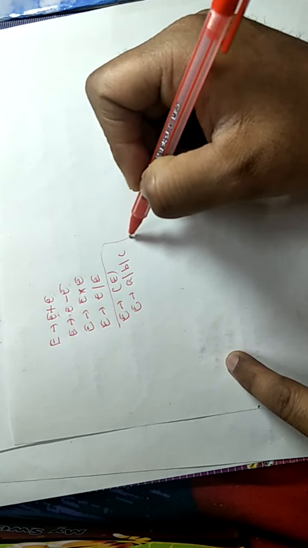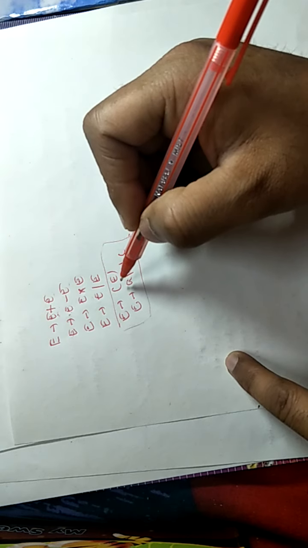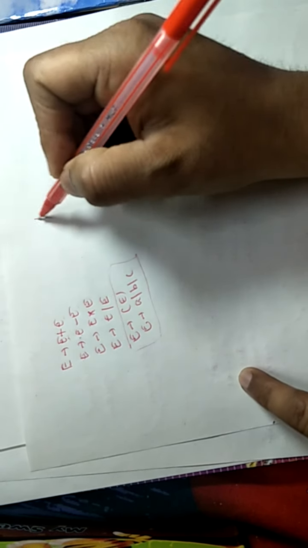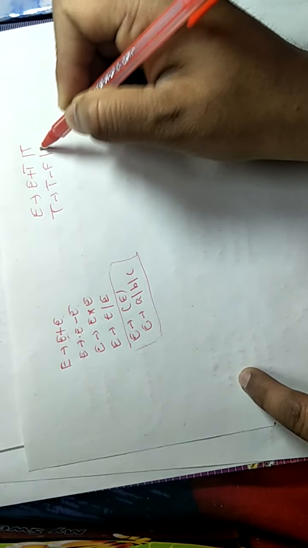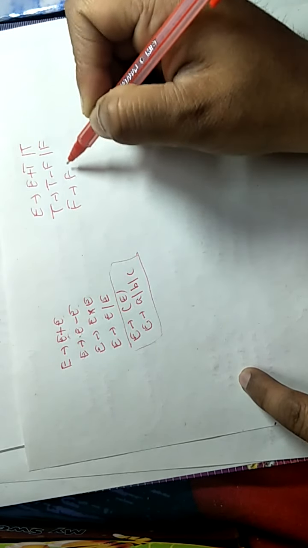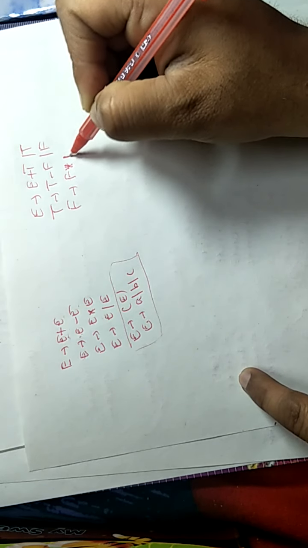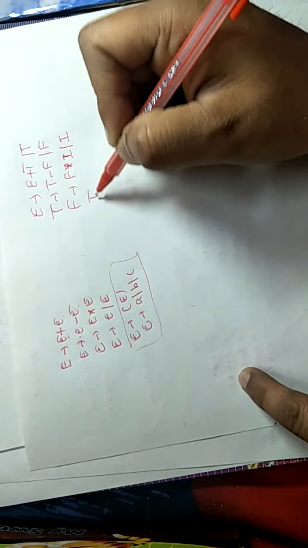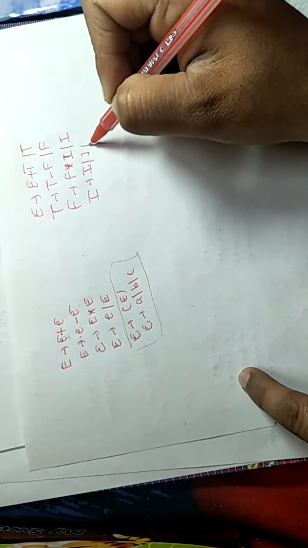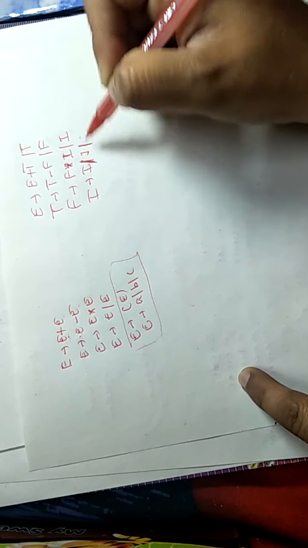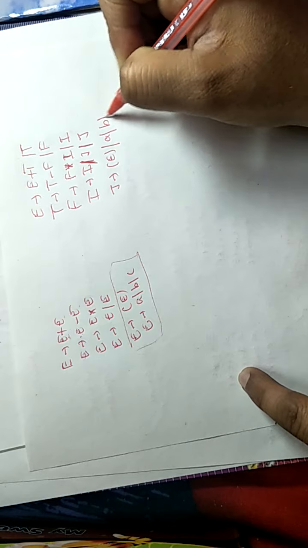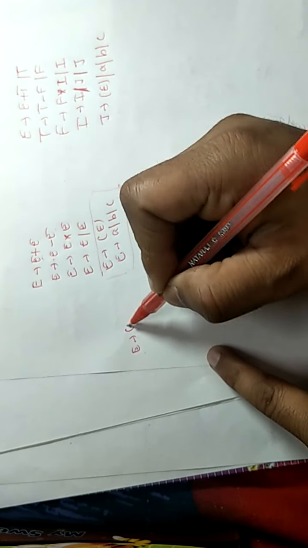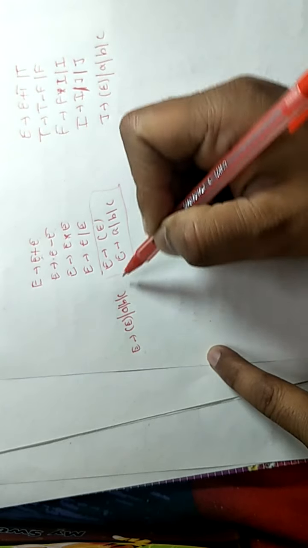There is no problem with these two productions, because here we do not have the same non-terminal at both sides. So we are replacing it by E tends to E plus T slash T, T tends to T minus F slash F, F tends to F asterisk I slash I, I tends to I divide J slash J, and J tends to bracket E slash A slash B slash C. We can write the last two productions in one line because there is no problem in these two.